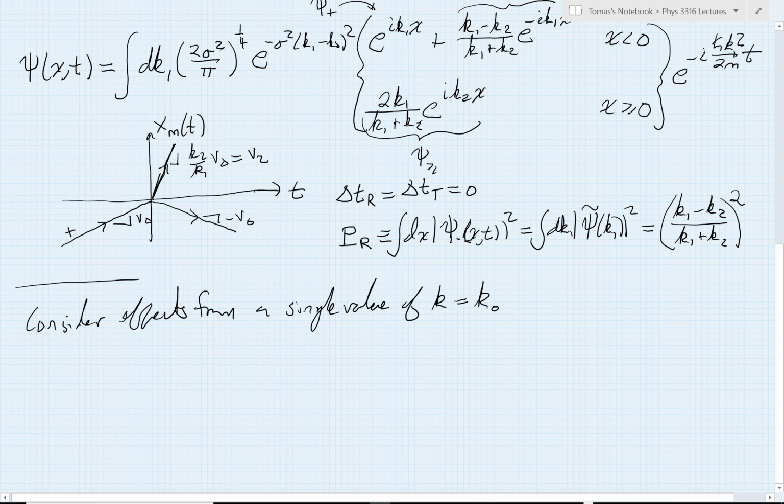And for a single value of k like that, then we know that our wave function psi of x and t would actually be a product of the time-independent Schrödinger equation solution at that particular value of k0, which does not depend on position and time. It actually depends just on position, but it has this very simple time dependence, which would then be a simple complex exponential that involves only a single value of energy because we're talking about a single value of the momentum, divided by h bar times time t.